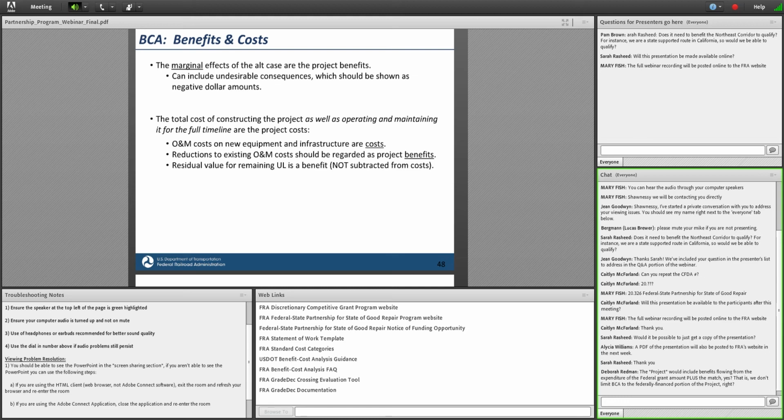However, if you are replacing existing infrastructure, and that would result in a reduction or even an increase in O&M costs, those should be project benefits. If the new and improved infrastructure would actually increase O&M costs, they should again be included as negative benefits. But hopefully, generally speaking, improved infrastructure will lower your costs. But that is important, and the details of that are in the DOT BCA guidance.